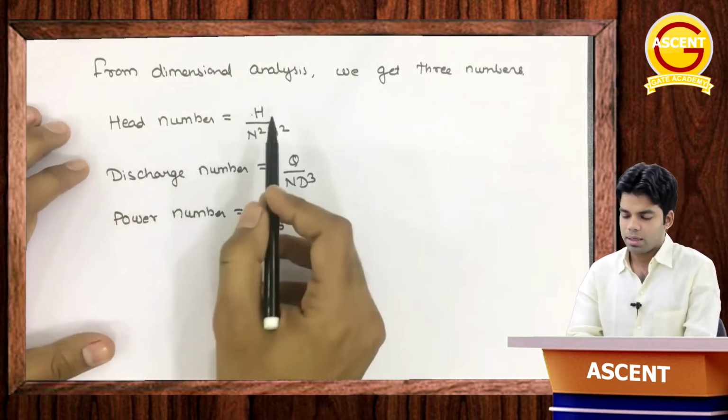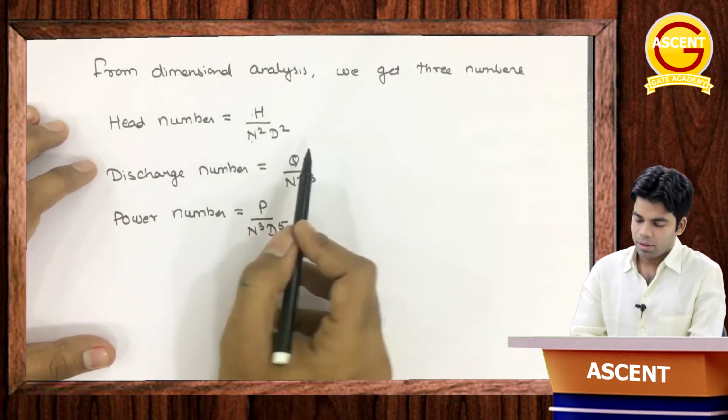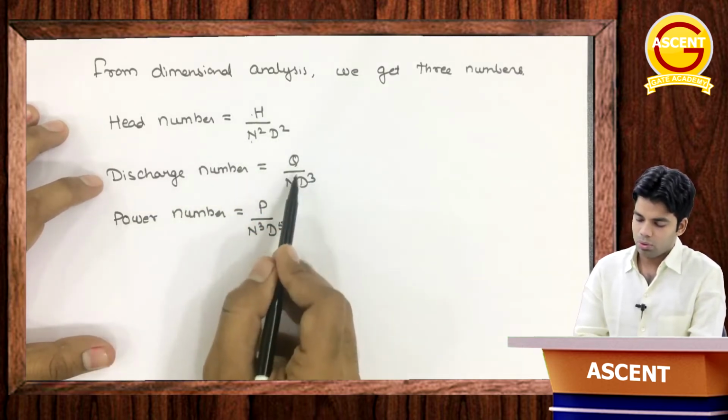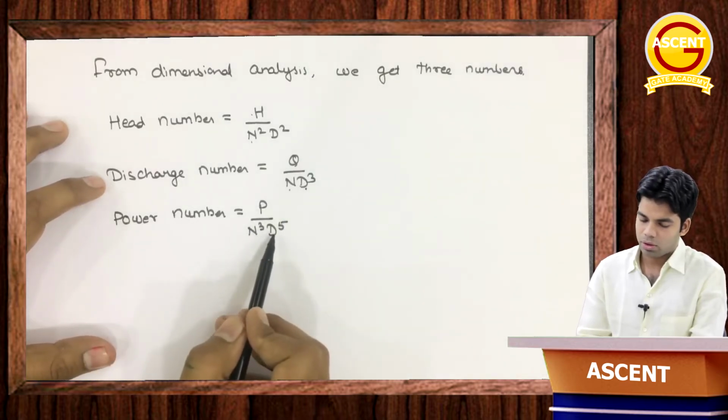Okay, head number is H, which is head, divided by N square D square, then we have discharge number Q divided by N D cube, and then we have power number P divided by N cube D raised power 5.